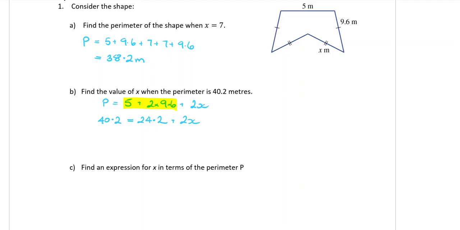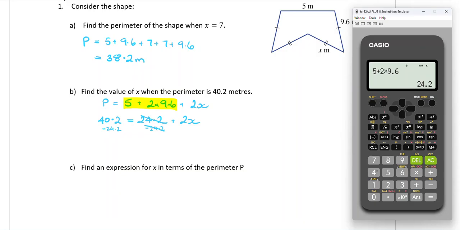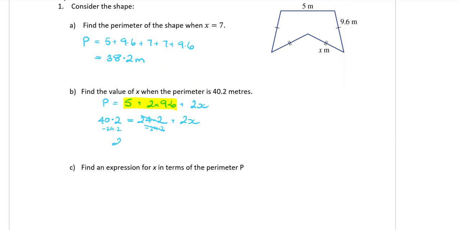Solving that equation, you would subtract the 24.2 to get that one away, which makes 40.2 minus 24.2, which is 16. 2x equals 16. Divide by 2, which means x will be equal to 8 meters.